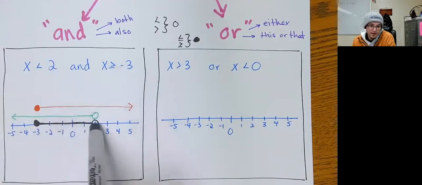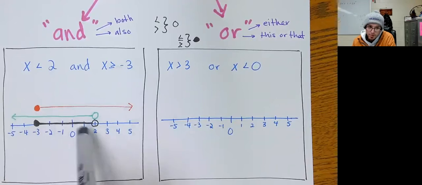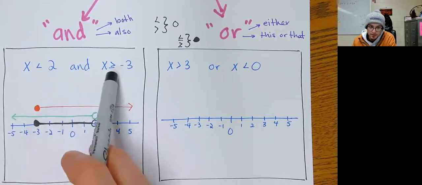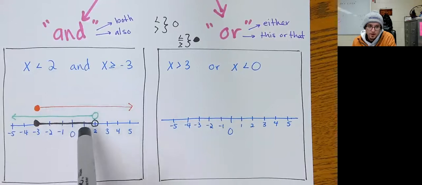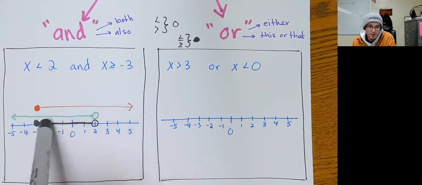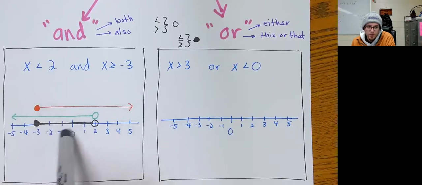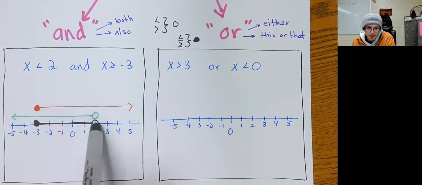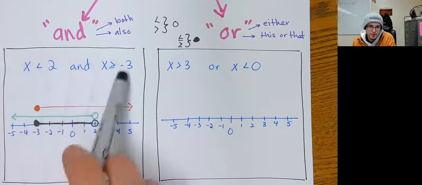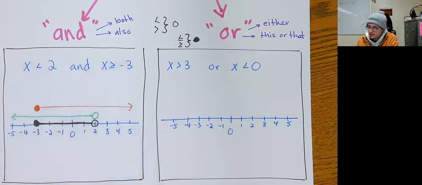So everything in between these two points, not including 2 but including -3, works. There's an infinite amount of numbers in between, like -2.99999, tons of different answers, but anything between here and here satisfies both. That's what the word "and" means.